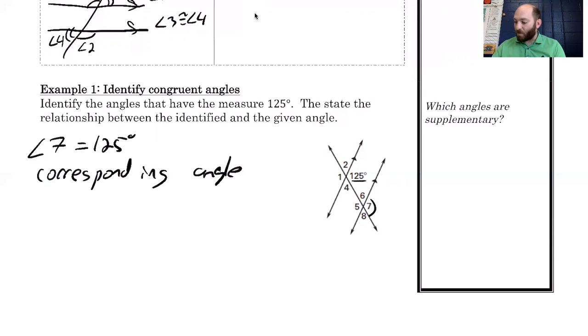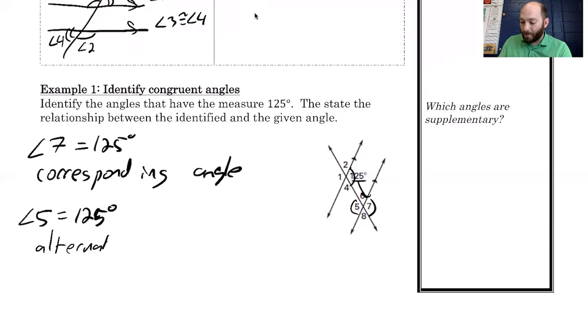And again, what we talked about before is that we shift that down and it's in a similar position. Angle 5 is 125 degrees because when I look at this angle here and that angle, those are alternate interior angles.